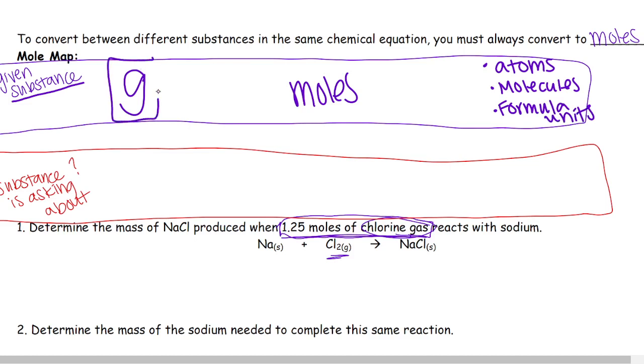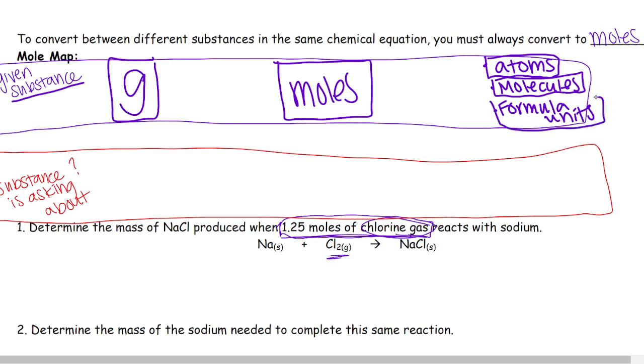So grams is one destination, moles is another destination, and then each one of these would be their own, but the conversion factor between any of these representative particles is the same. This goes along with page 1 of our notes that we reviewed last class period.